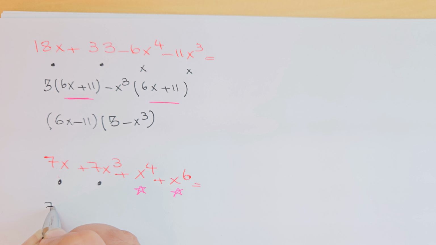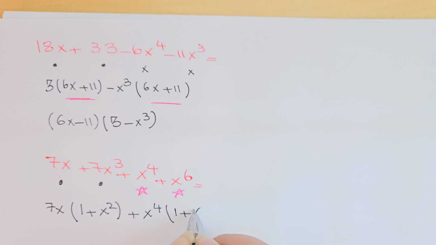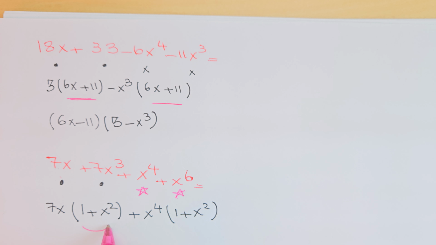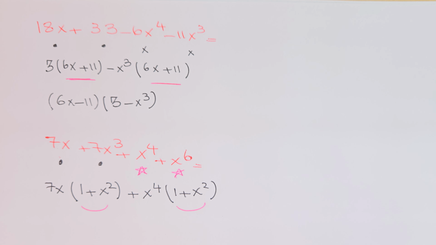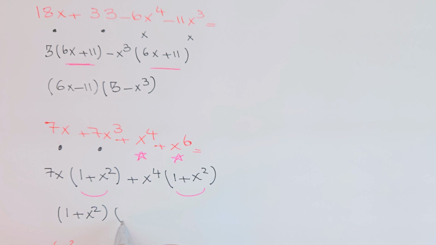So let's see, 7x, and how do I know? It comes with practice. And these two terms, I will factorize x4, that would be 1 plus x2. Again, the same scenario. This is repeating itself. So I will factorize 1 plus x squared. So I would have 7x plus x4.